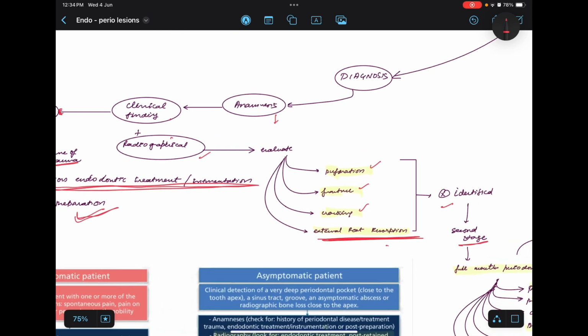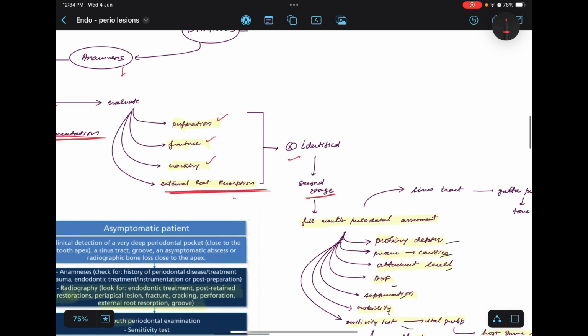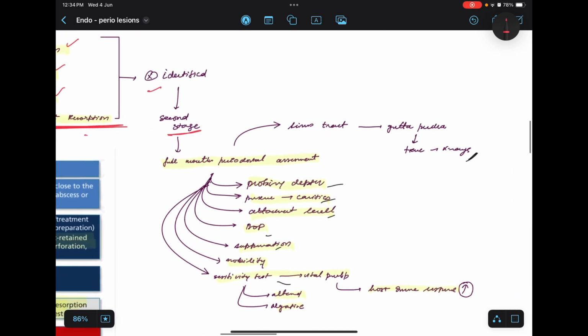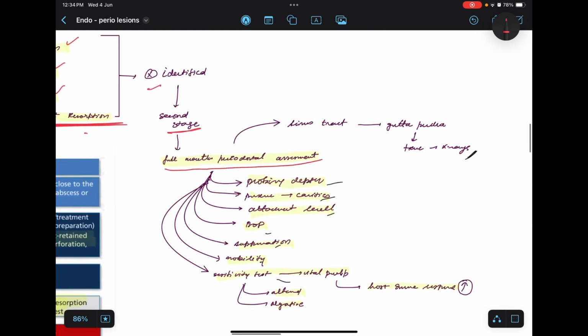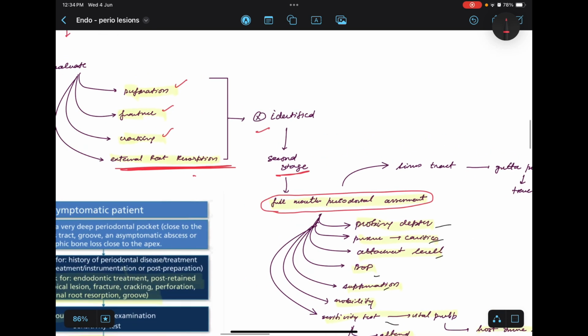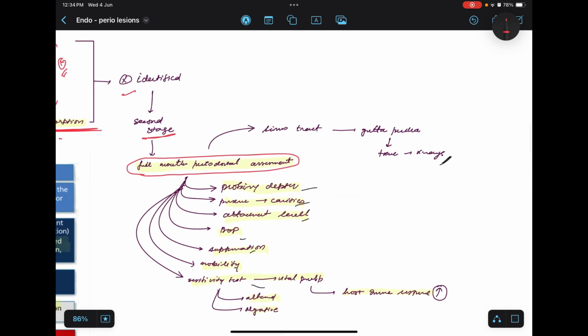Now, coming back to your clinical and radiographical findings, you checked for all these things. Then if they are not identified, the second stage involves full mouth periodontal assessment. It means the patient does not have any of these things, meaning there is no root damage. Then in full mouth periodontal assessment, you check for sinus tracts. For a sinus tract, you can use a gutta-percha point, insert it into the sinus tract and take an x-ray.